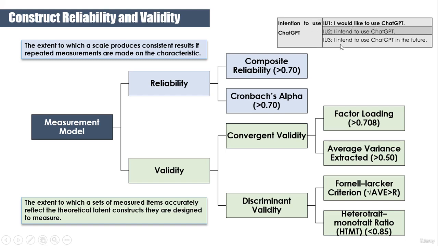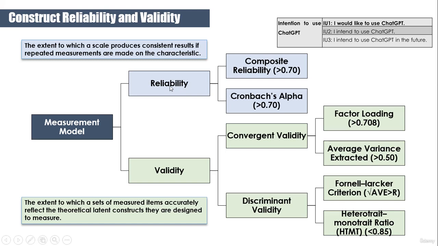If I use these 3 questions again in any future study, will they be able to measure the intention or not? That means, how consistent are they? If we are interested in measuring consistency, then we need to determine the reliability of these scale items, the 3 items. That means they can measure the same thing repeatedly if we use them multiple times. If they are successful, the scale items are reliable. If they are not successful, the scale items are not reliable or not consistent.